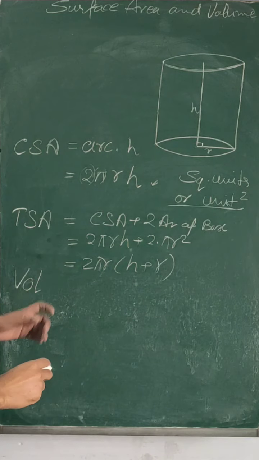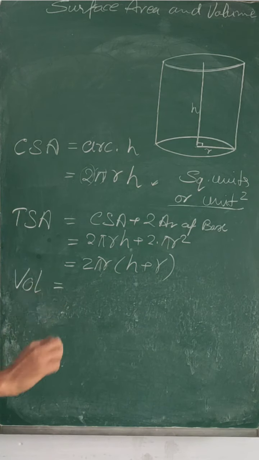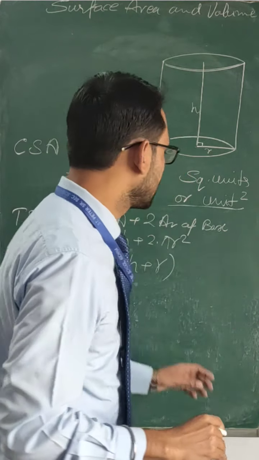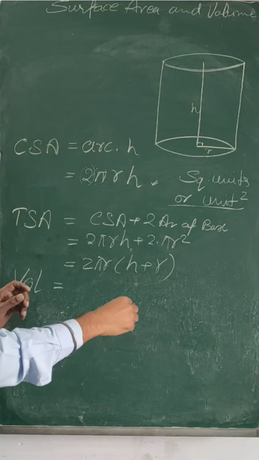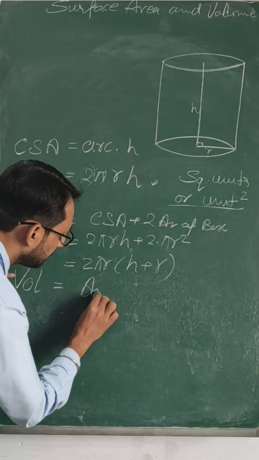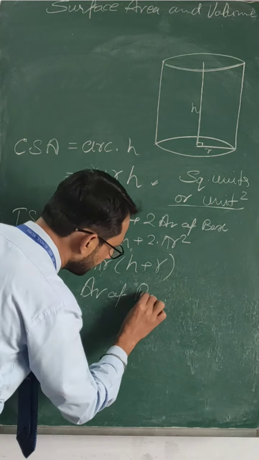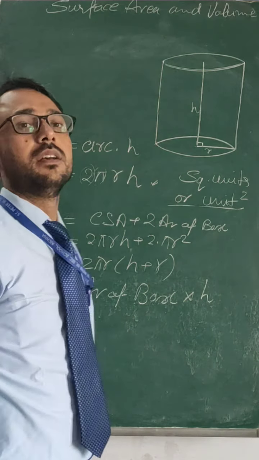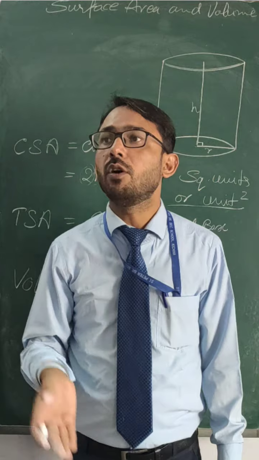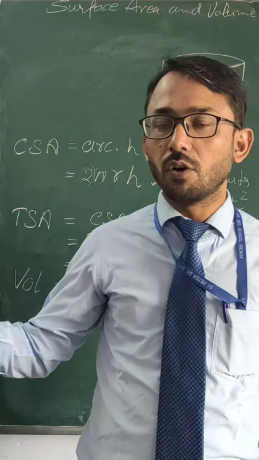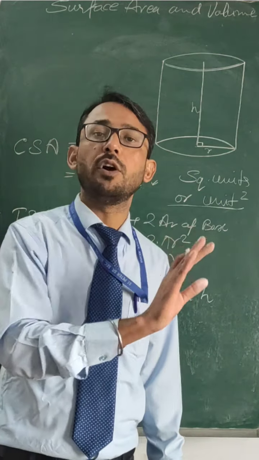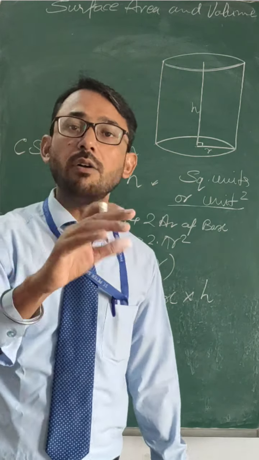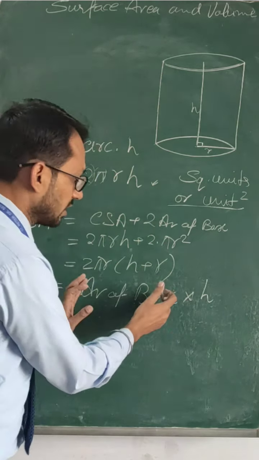Now volume. For regular figures or right circular figures, such as the right circular cylinder, volume will be area of base into height. The volume of a cylinder, cube or cuboid is the same, that is area of base into height. It depends on the situation what type the area of base is.